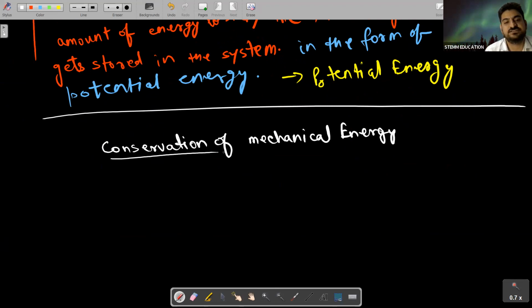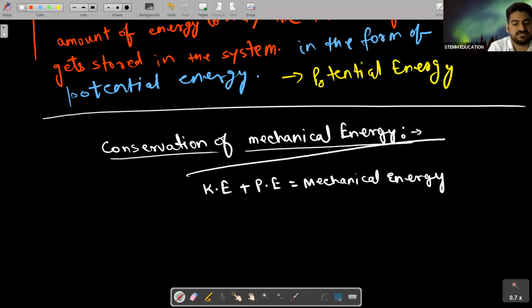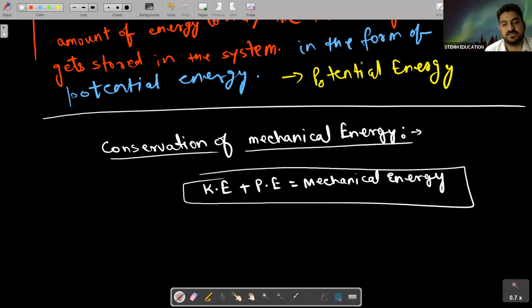What do we mean by conservation of mechanical energy? It means that if there's a body and we find out its kinetic energy and its potential energy and we add them up, this is known as the mechanical energy. Kinetic energy plus potential energy makes up the mechanical energy. Okay.